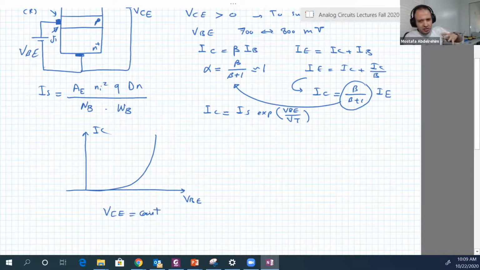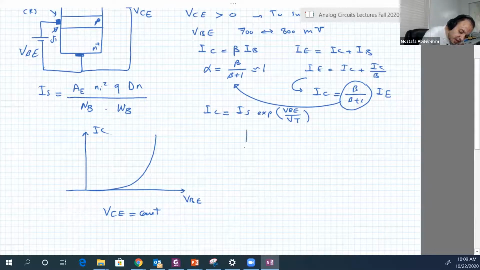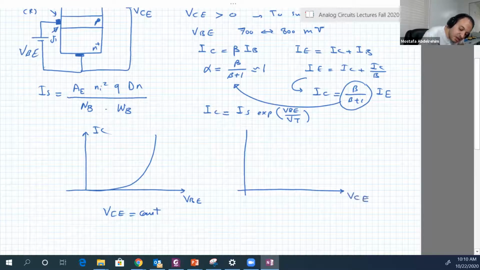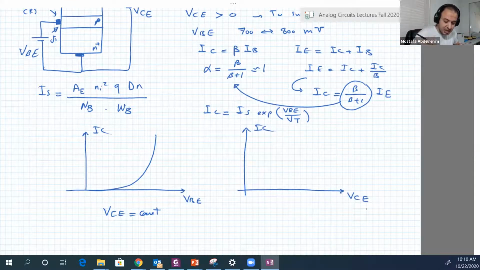We will see later that IC is changing with VBE as we took, and also VCE in some context. So we always fix one and change the other to draw its characteristic with IC. Now, until this moment, the relation between IC and VCE is just constant. IC is not dependent on VCE, in active region at least.